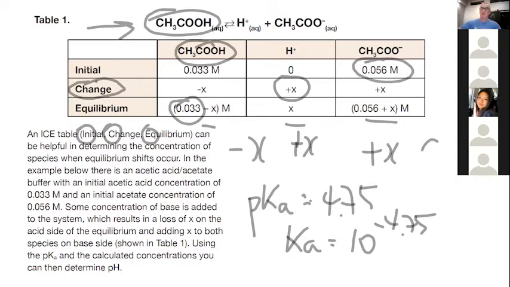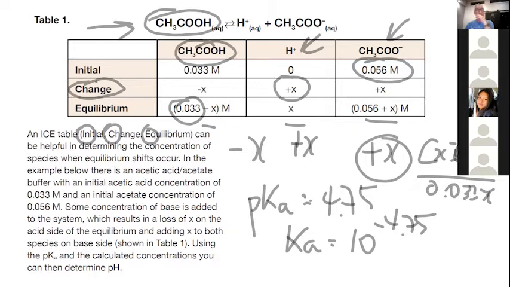The Ka is the two products, which are H plus and acetate, so X times 0.056 plus X, which you really can't see at all here, and we divide that by 0.033 minus X. And then we just solve for X. That gives us the concentration of H plus, and when we know the concentration of H plus, we can figure out what the pH is.